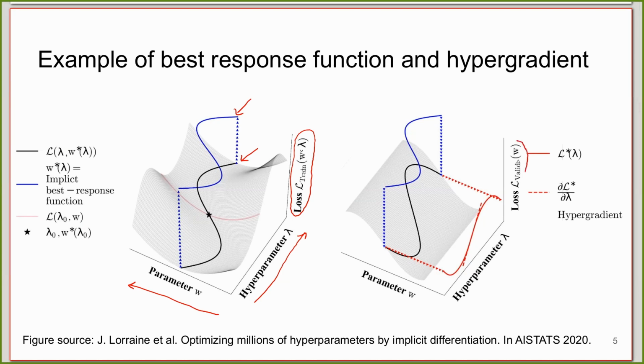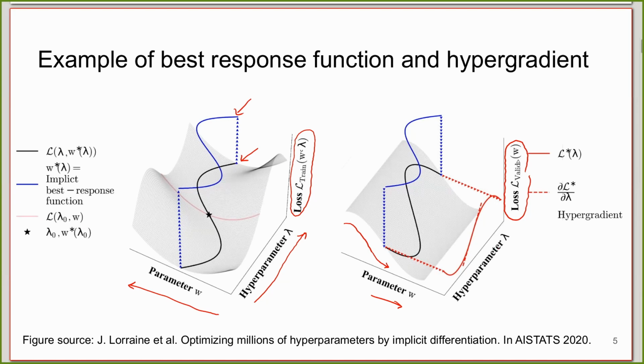On the left, the vertical axis is the validation loss, and this is a toy problem, so it seems to be just decreasing as you reduce the value of the parameters W. So you take your best response function, the blue curve, and you look at the values that you obtain in the validation loss as you move through this best response function.